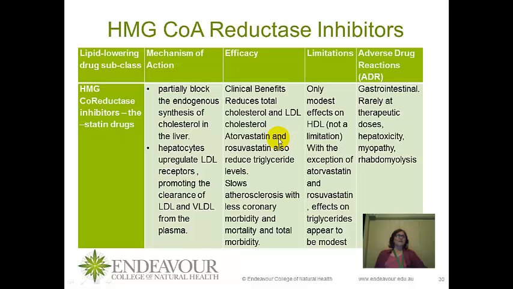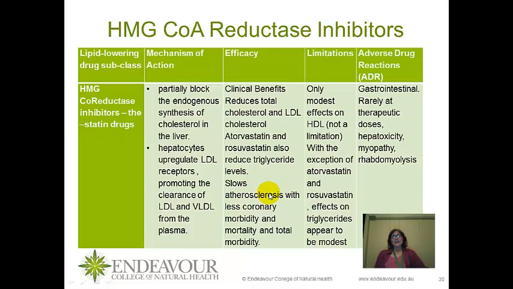A couple of examples: atorvastatin and rosuvastatin. You begin to see why they're called the statin drugs. They all have this common ending, enabling you to work out their mechanism of action, that they are these HMG coenzyme A reductase inhibitors.